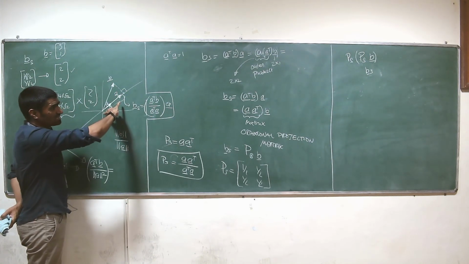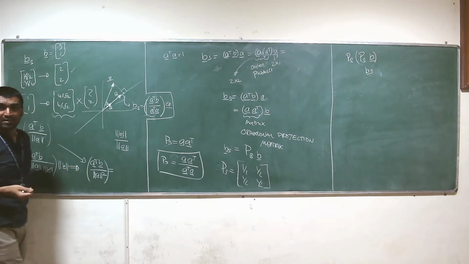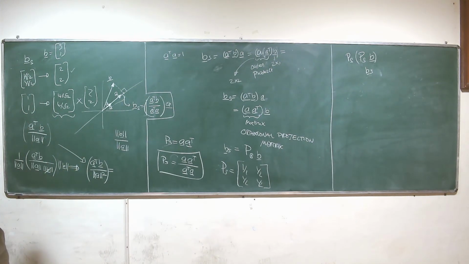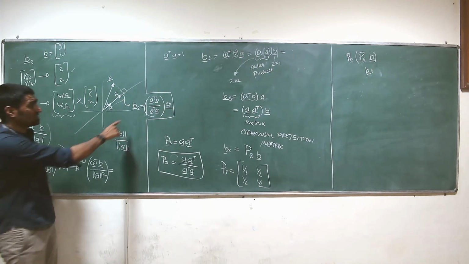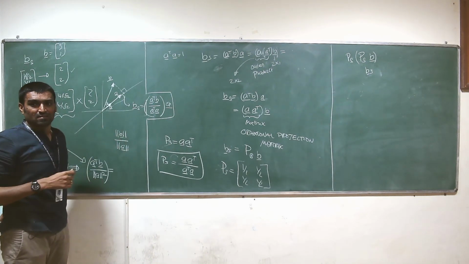And then you're taking B_S and doing that same thing again. What will happen? Or my question, what is the orthogonal projection of B_S onto the subspace S?